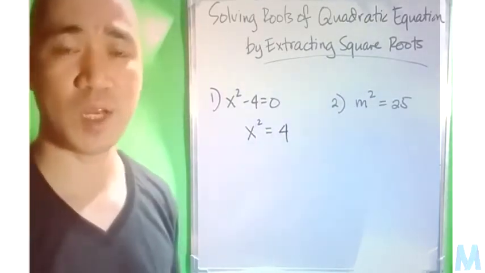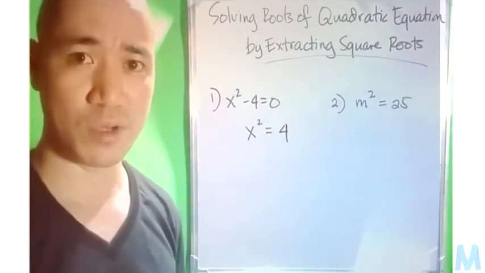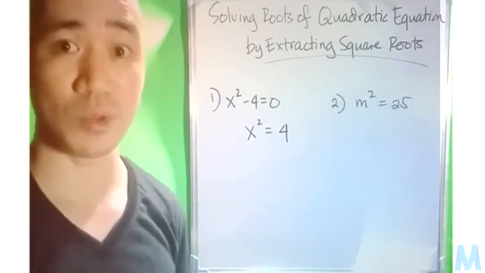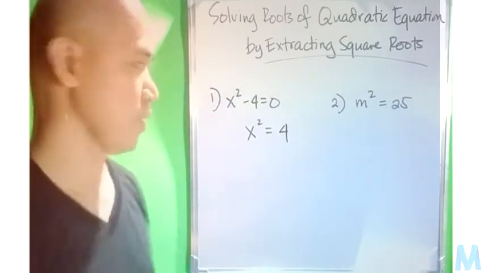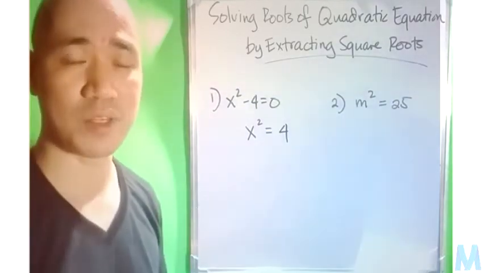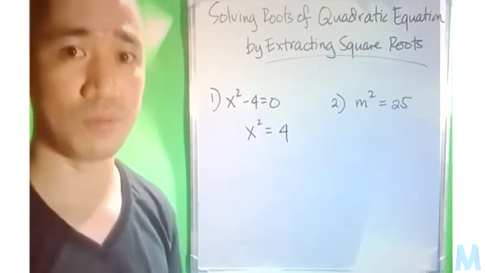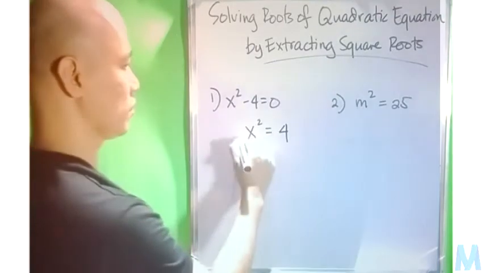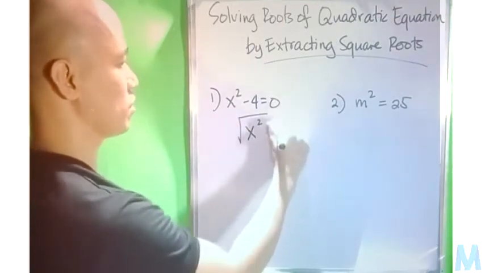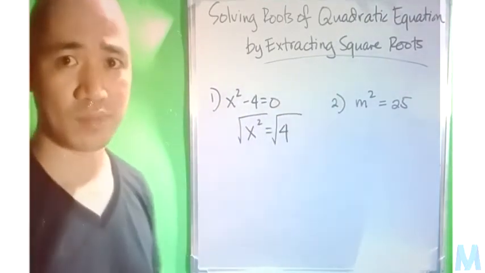Then, para makuha natin ang roots gamit ang extracting square roots, we're going to put square root symbol on both sides. Okay? So, you have square root of x squared, square root of 4.